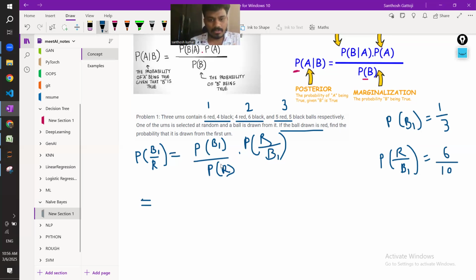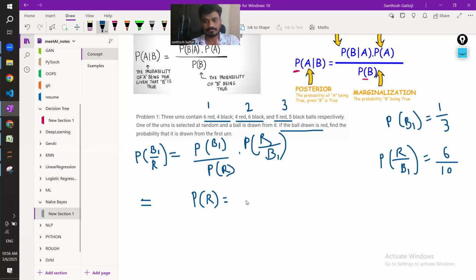So now coming to this probability of taking a red ball. Now this is important. So probability of picking a red ball means what? The red ball can be picked from which box? Either box 1, box 2 or box 3.